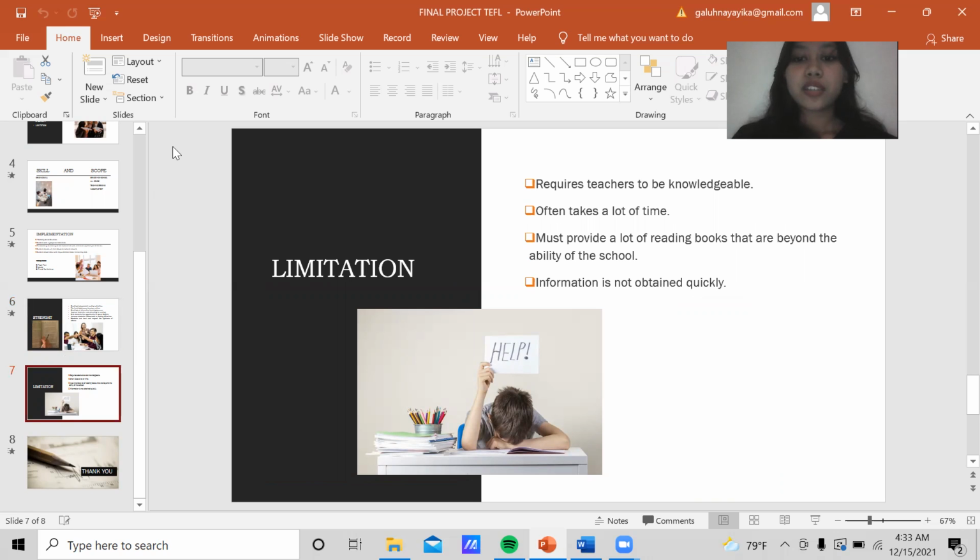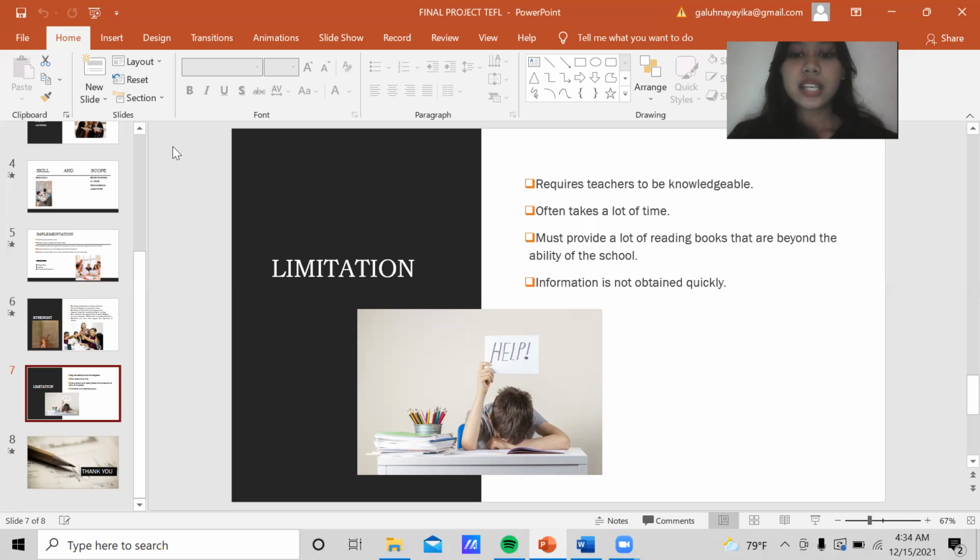And the second is it often takes a lot of time. Why? Looking for information through reading takes a lot of time because students have to really pay attention to the content in the text.